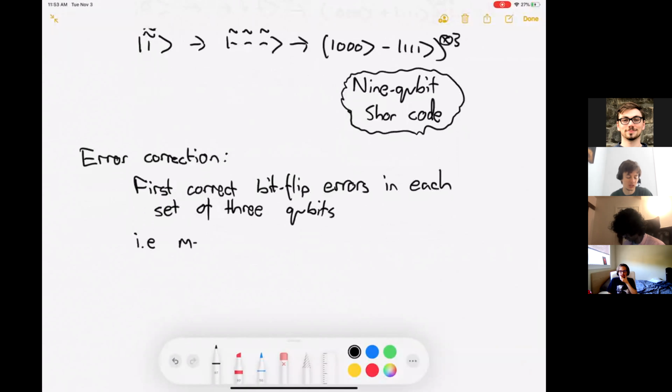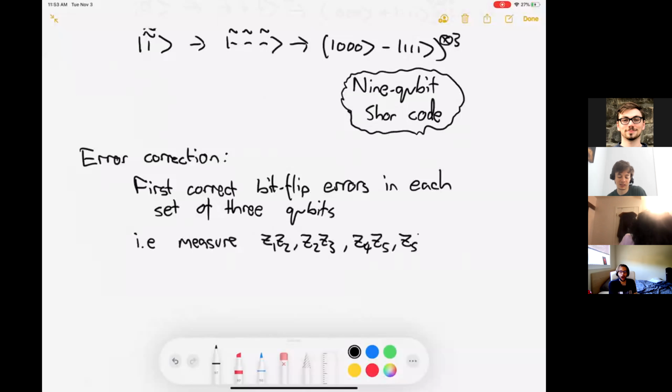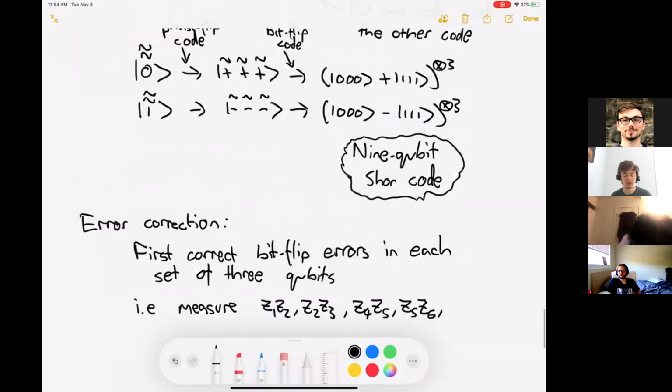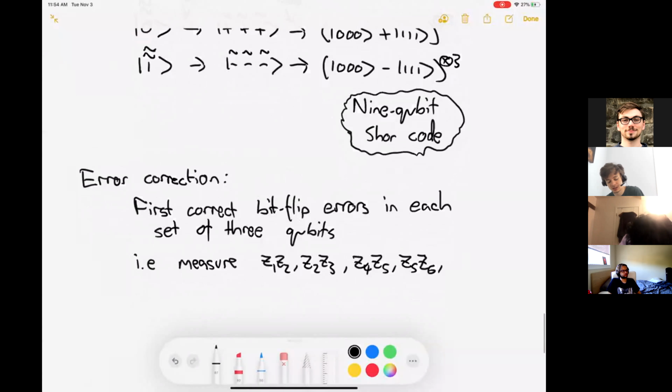Right, so we do a measurement with measurement operators Z1 Z2, Z2 Z3, and then we apply an X to qubit 1, 2, or 3 based on whether we need to, and then we do Z4 Z5 and Z5 Z6. Right, to correct any bit flip errors in the second set of 3 qubits that are again encoded using the same bit flip protection code.